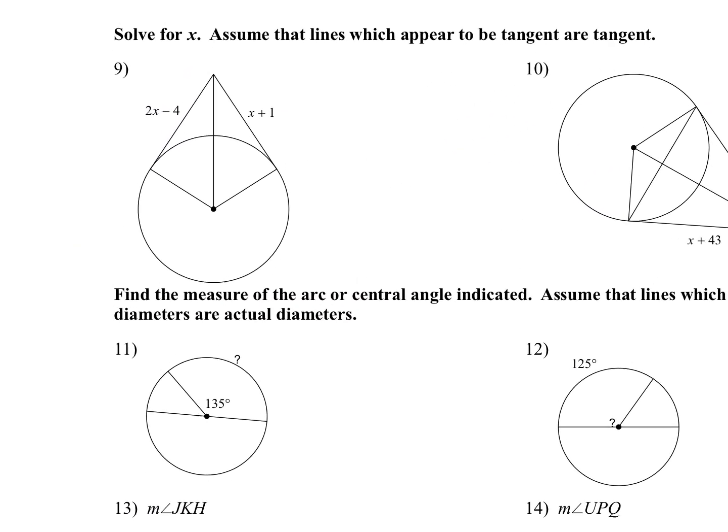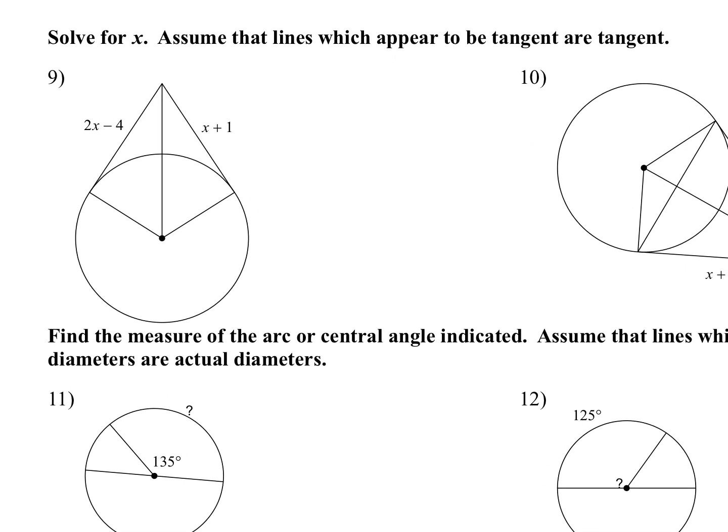Okay, so here we have two tangent lines. We have this tangent line and this tangent line. What did you say we know about them? They're congruent. What does congruent mean? They're the same. So how can I set this up to solve for x? Set them equal. So take 2x minus 4 equals x plus 1. So now you're just using algebra to solve.